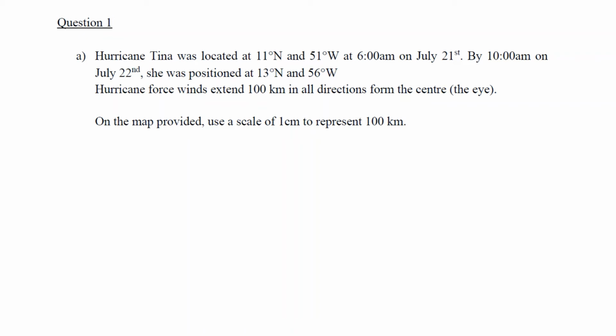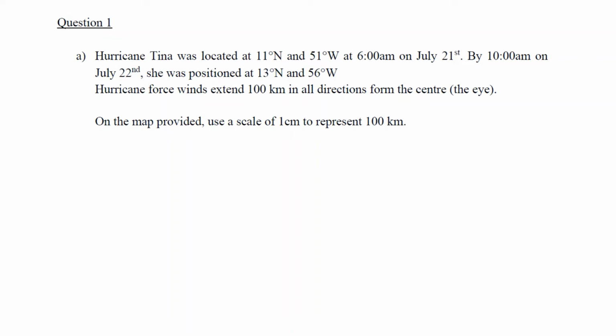By 10 a.m. on July 22nd, she was positioned at 13 degrees north and 56 degrees west. Hurricane force winds extend 100 kilometers in all directions from the center, that is the eye of the hurricane. On the map provided, use a scale of 1 centimeter to represent 100 kilometers.